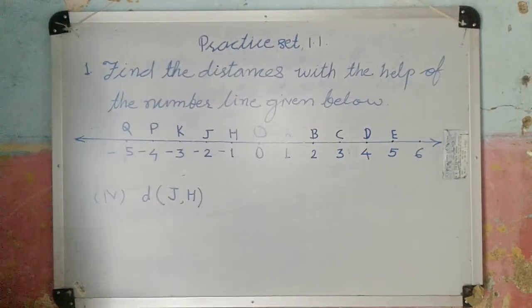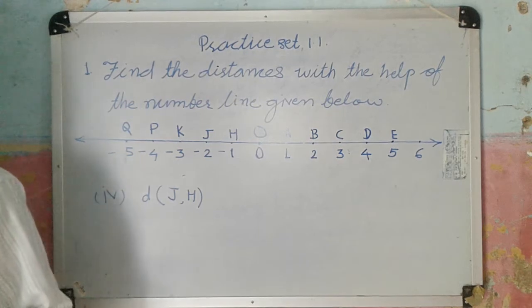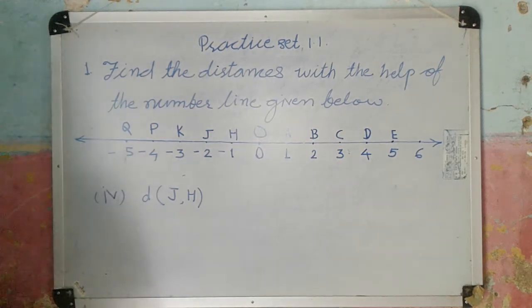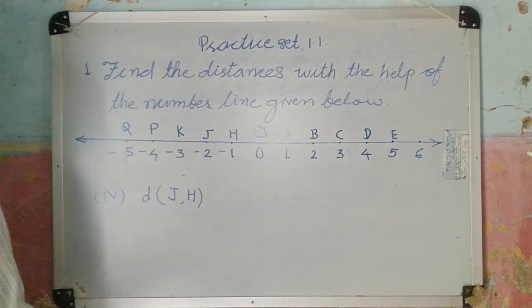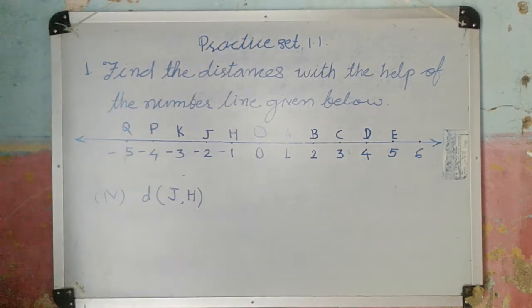Now, example 4. The third example, you solve yourself. We will take now fourth example, distance of JH.